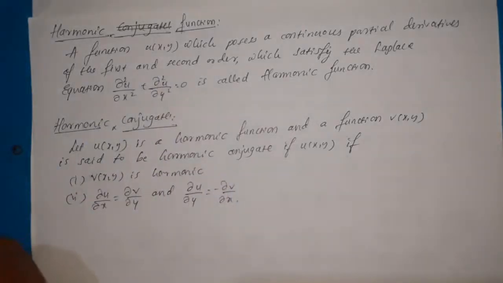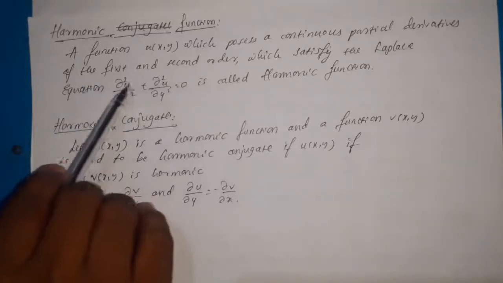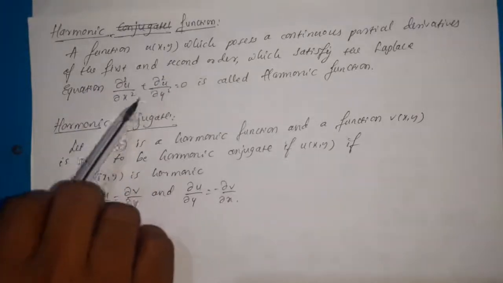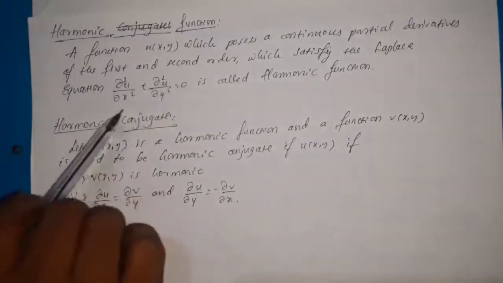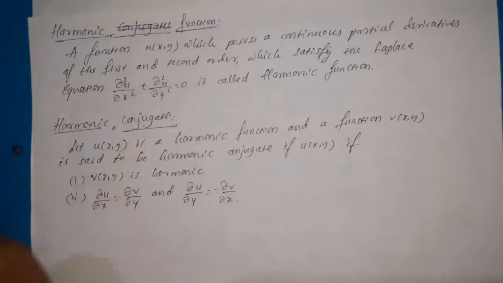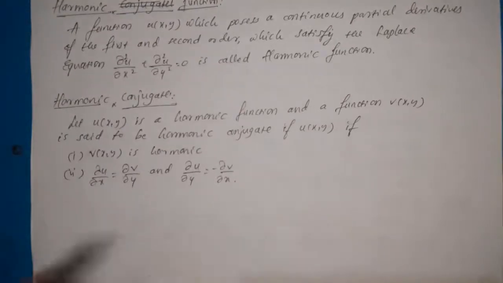And to define the same for the imaginary part, we make a small change in the Laplace equation: dou square v by dou x square plus dou square v by dou y square equal to 0. This is the condition to check whether the real part u of x comma y is harmonic or not, and similarly whether the imaginary part is harmonic or not.